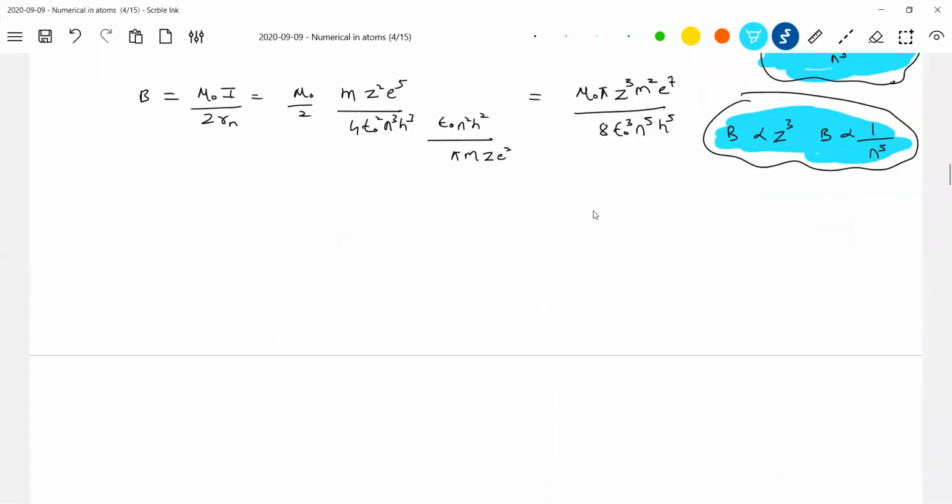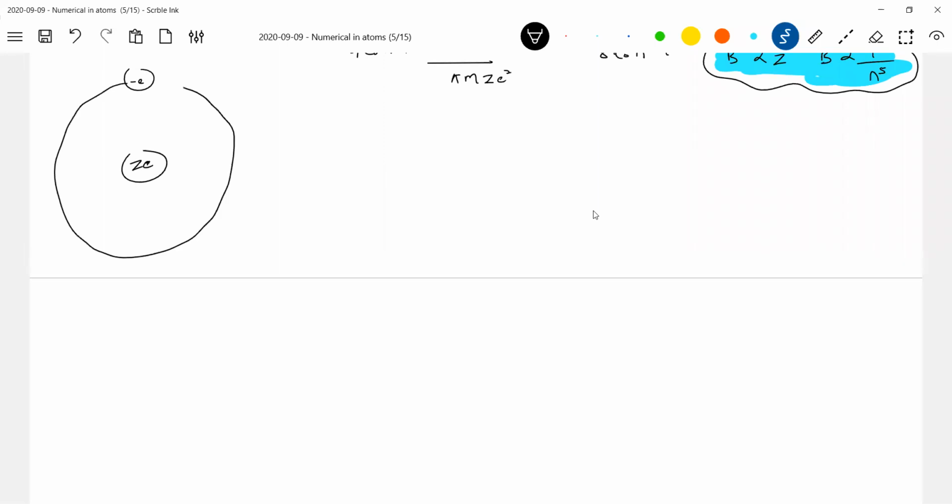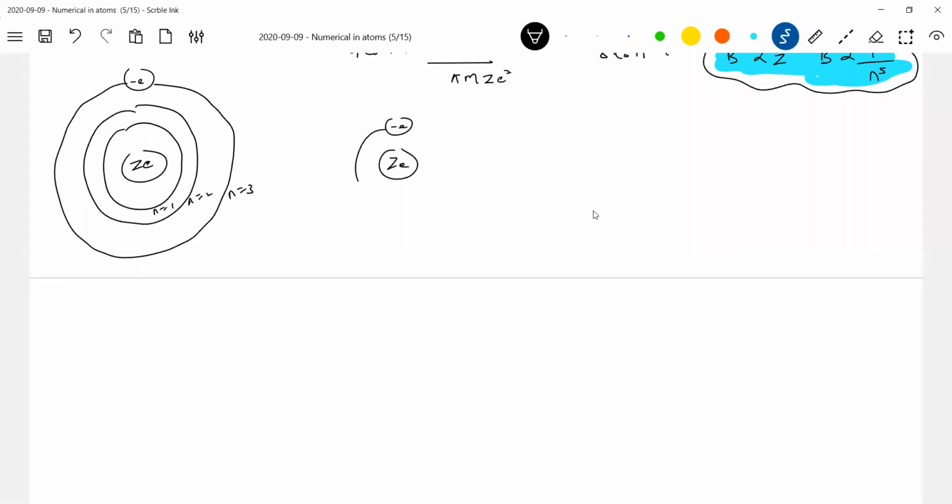Okay, I'll proceed now. Similarly, if an electron in a hydrogen atom makes a transition, say from n equal to 3 to n equal to 1, how will it move?